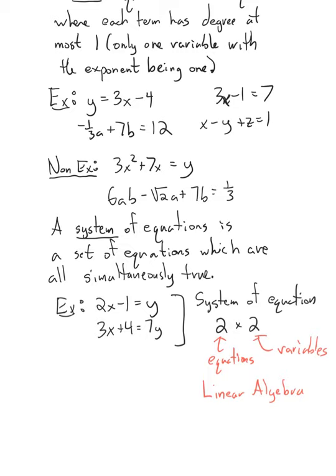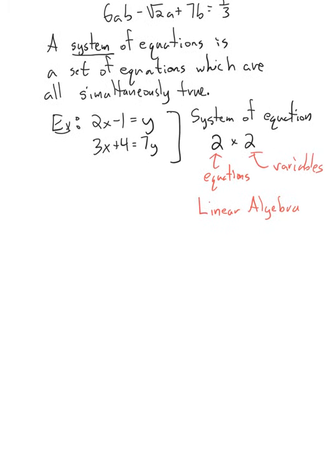So what do we mean when we say we want these equations to be simultaneously true? Well, we want 2x minus 1 to equal y and 3x plus 4 to equal 7y for some values of x and y. So these values that make an equation, or a system of equations, true are called solutions.